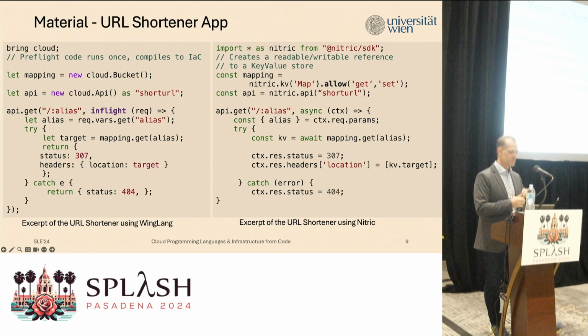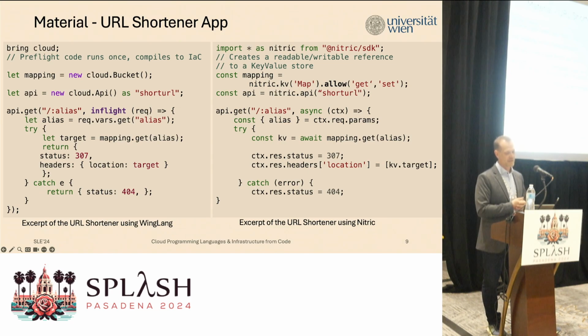I don't want to go through all the details, but here we see the in-flight code for the request handler, the GET request handler, on the one side, which the participants had to comprehend and answer some multiple choice questions.